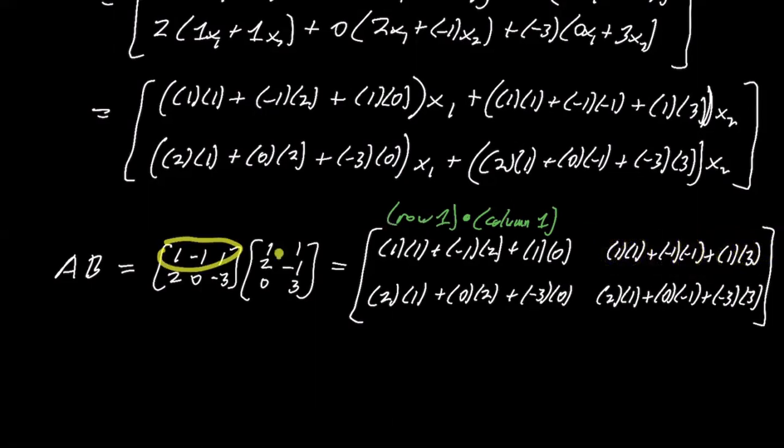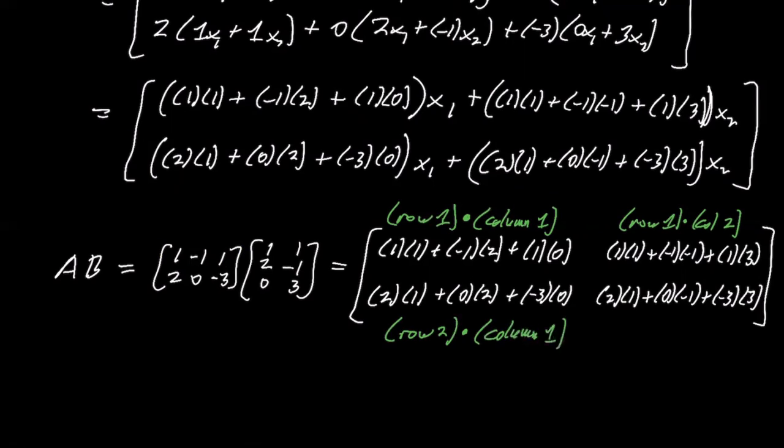So this is row 1 dotted with column 2. And I think you can check that this is row 2 dotted with column 1, and this is row 2 dotted with column 2. So you actually see the numbers fall out.